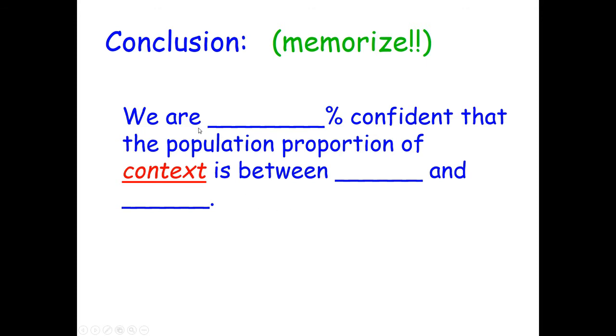So for example, we are 95% confident that the population proportion of happy puppies is between 80% and 90%. Most puppies are probably pretty happy. They don't have the weight of the world on them, most likely. So this is something you want to write down, memorize. I'll leave it there for a little bit longer just so you can get that.